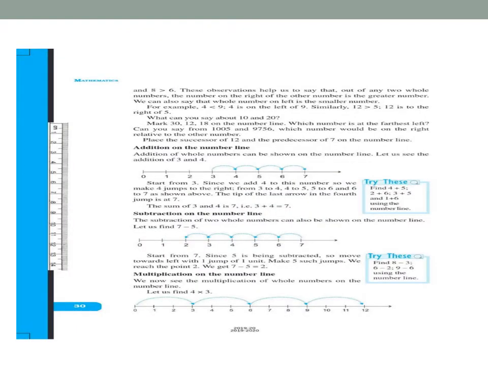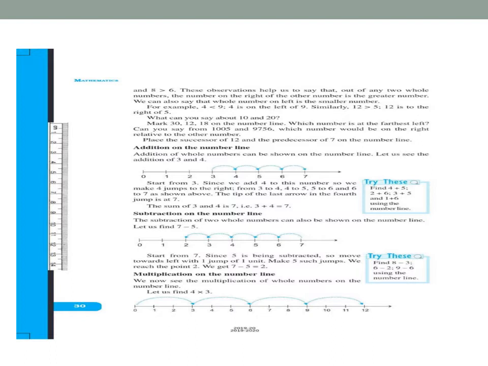So girls, here you can see a number line. On a number line the numbers are written 0, 1, 2, 3, 4, 5, 6, 7. If you move from the left hand side to the right hand side, the numbers keep increasing. You see, 7 is greater than 4.